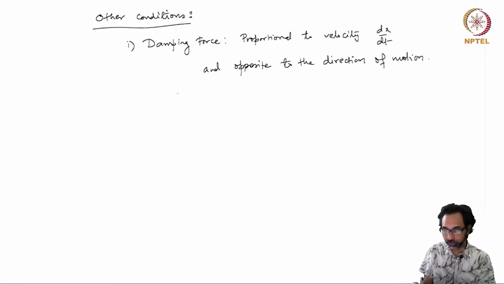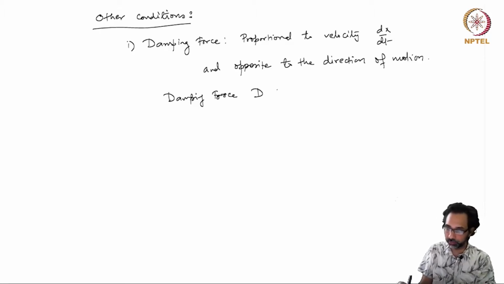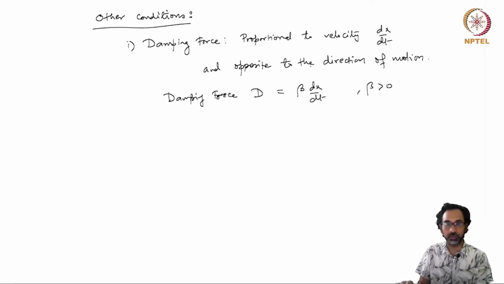So the damping force, let me write D, is given by beta dx by dt. Here beta is a positive constant, the constant of proportionality when you consider the force as proportional to the velocity dx by dt.